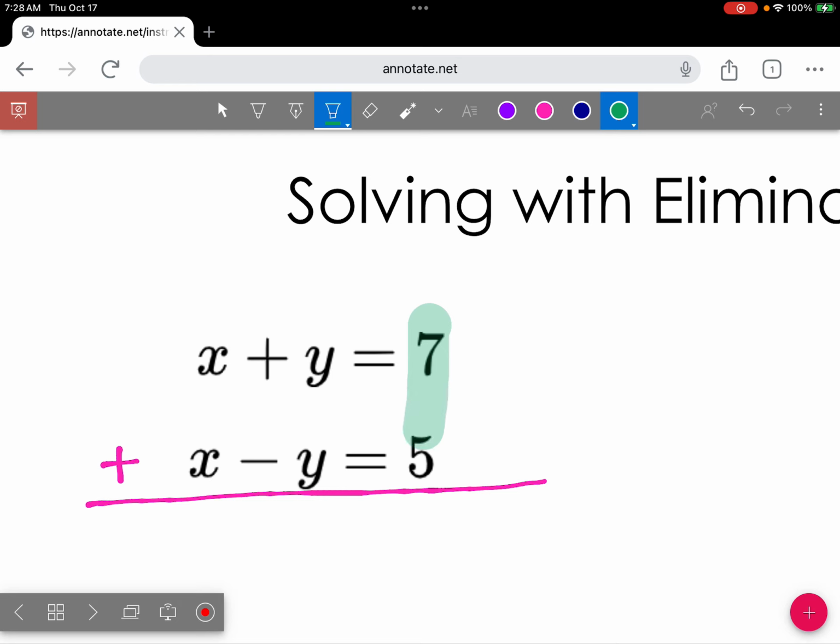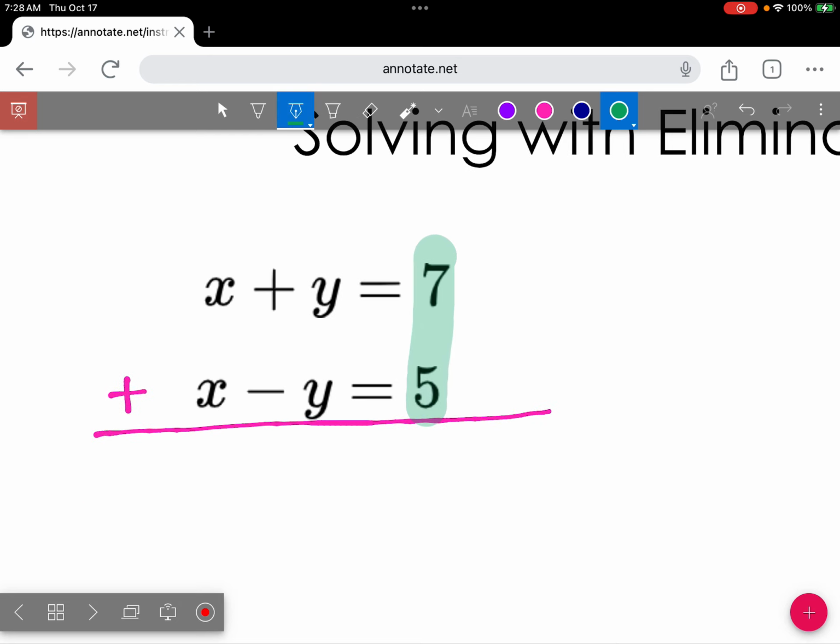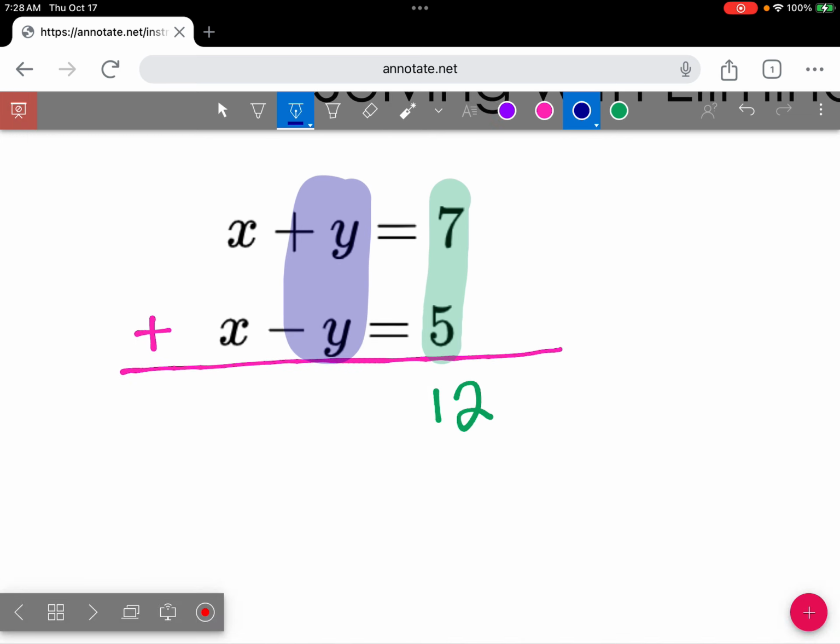So I'm going to take 7 plus 5. What do we get when we do 7 plus 5? 12. Then we're going to do 1y plus negative 1y. What do we get? If I have a positive 1 and a negative 1? 0. 0 y's.